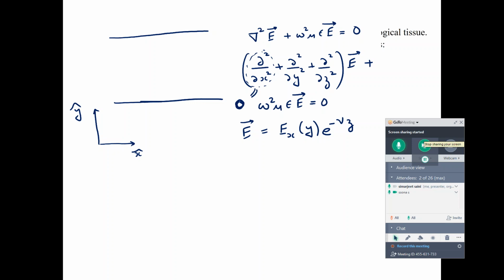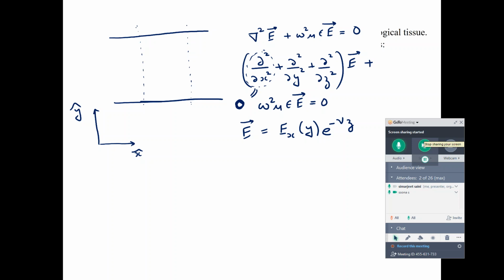And if you think physically, that should be true also, because if the answer was changing in x, then whether I put the origin here or whether I put the origin there, the solution would change. And that makes no physical sense because the problem has not changed.